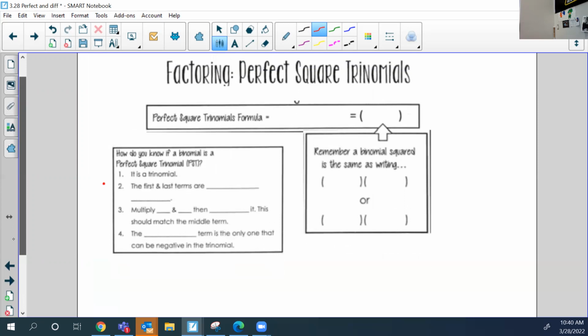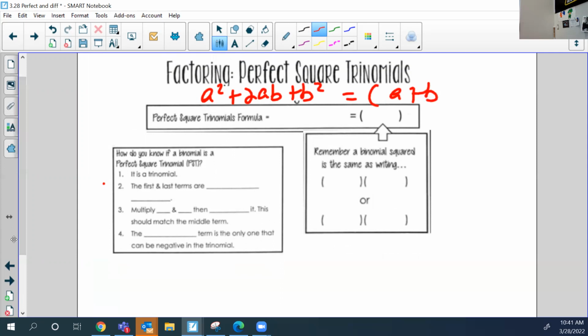The first formula is a squared plus 2ab plus b squared, and that's going to equal a plus b times a plus b, that's a plus b squared. And the other formula now is a squared minus 2ab plus b squared, and that's just a minus b squared.